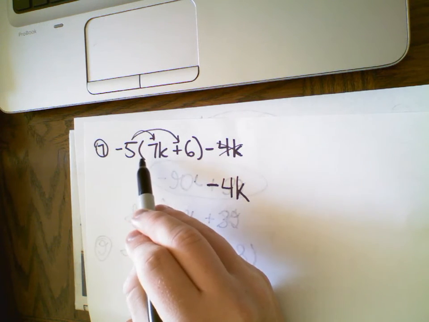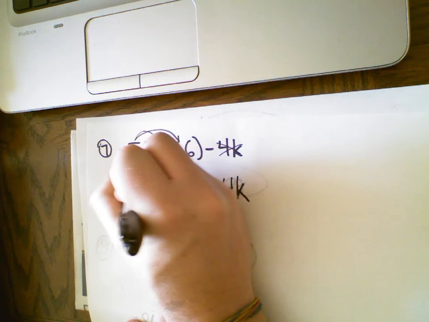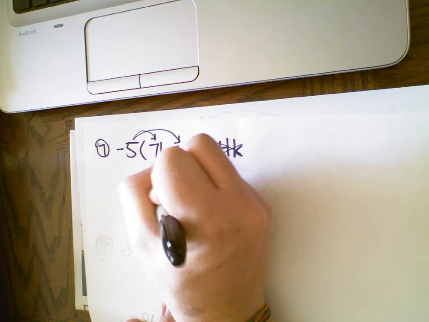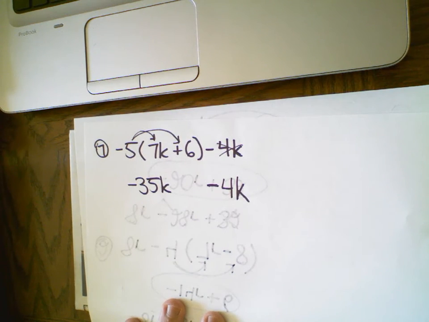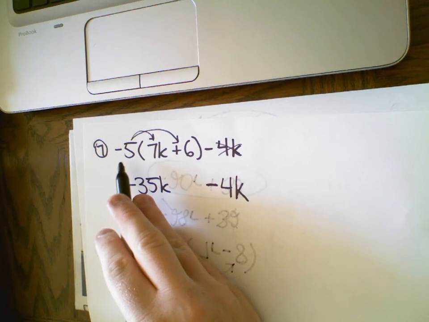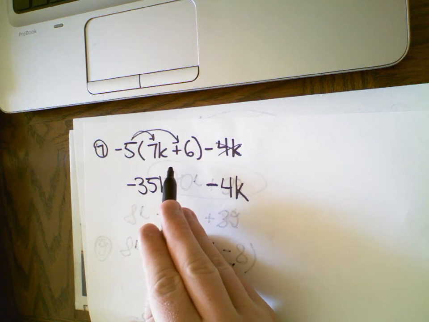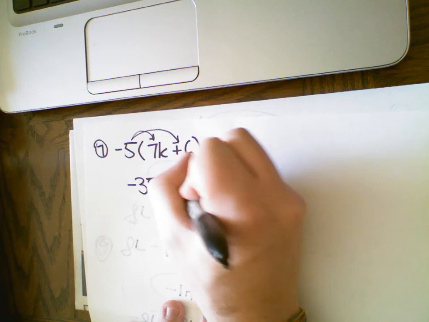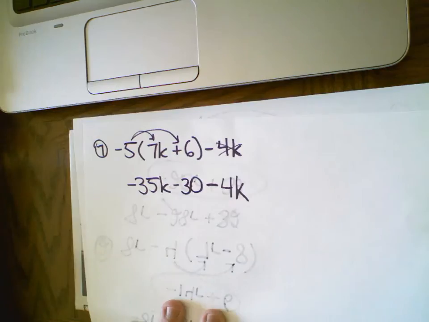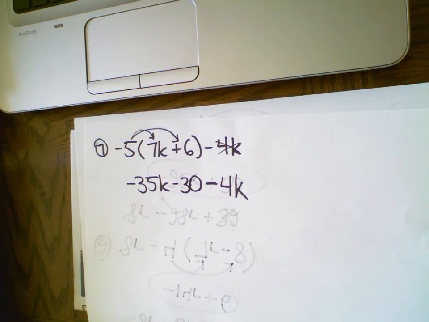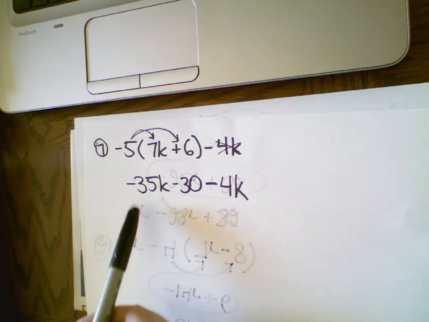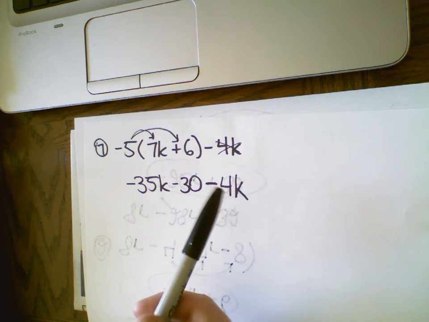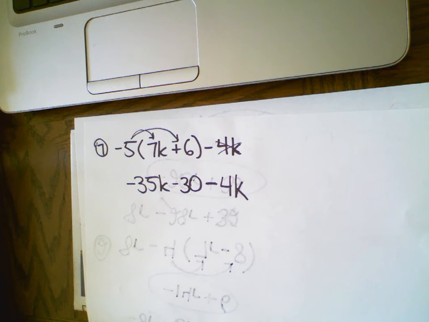-5 times 7 is a -35k. Okay? -5 times a +6 would be a -30. Now we have a problem here. Our formatting brings us across with this in the middle. Now that's okay, guys.